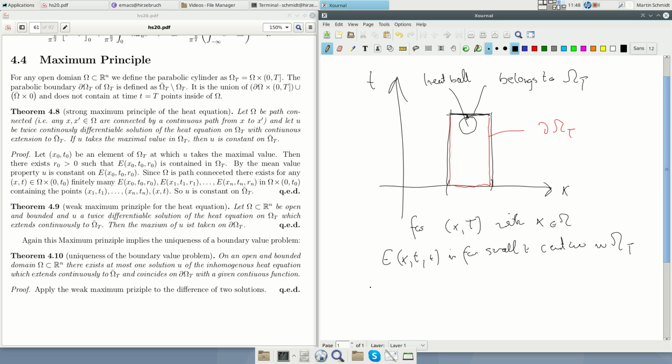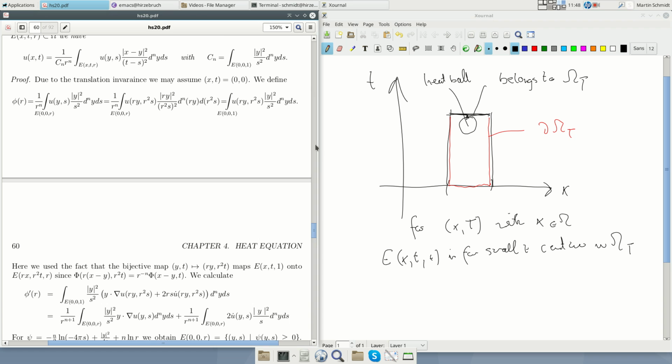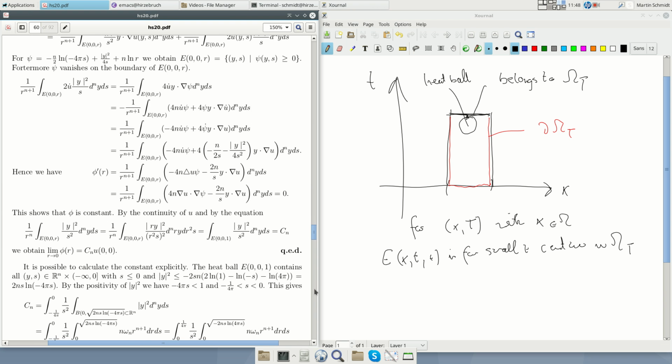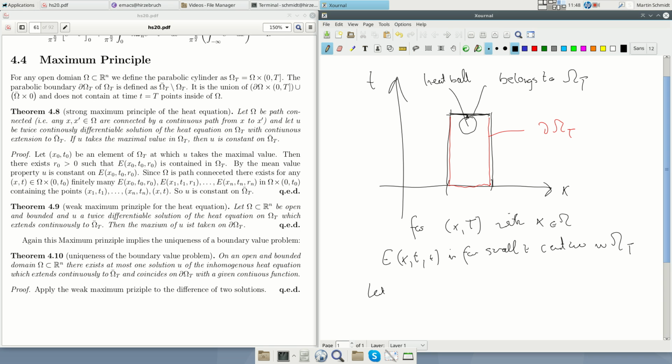So what does this mean? Let's recall the mean value property. Here we have this expression, where this is just 4, this is u. So we use now the mean value property. So let x, t, an element of omega_T, be the maximum of u.